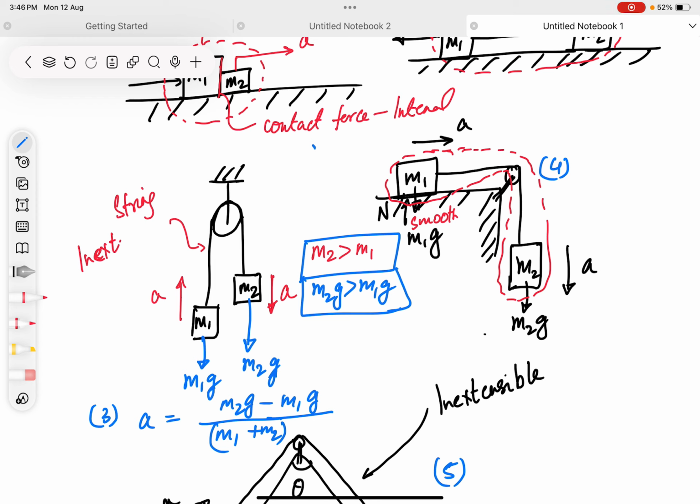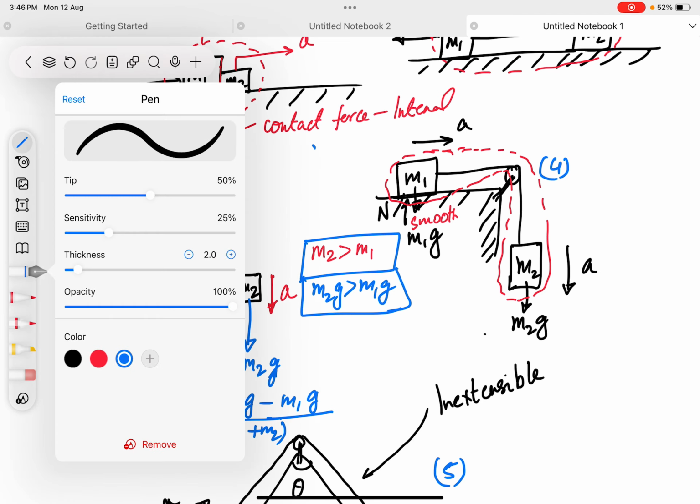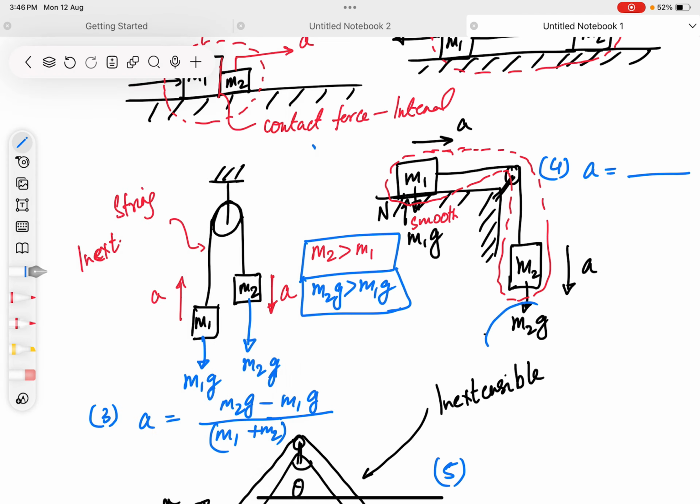For any system, if tension is there, it is not going to increase or decrease the energy of the system, since they are inextensible strings, they cannot store any energy. So in this case directly you can write the acceleration is due to the force of M2G only. That is the net force divided by the total mass, that is M1 plus M2. That's all. That is your answer, right?